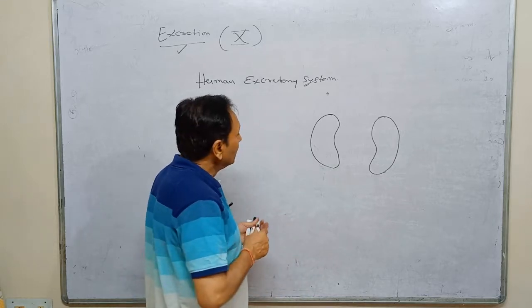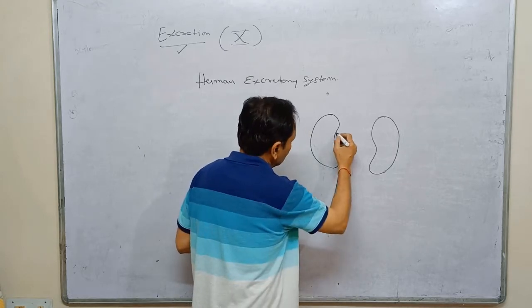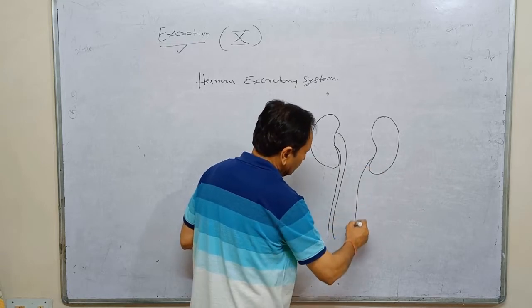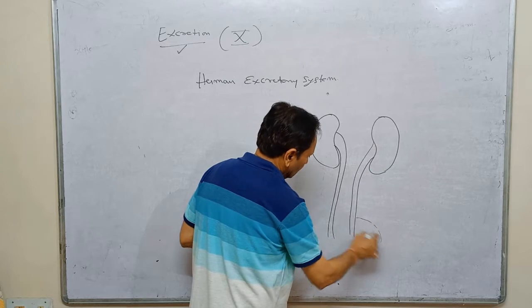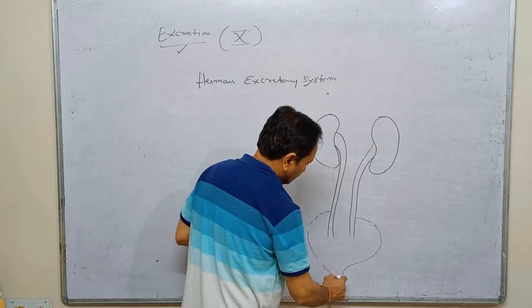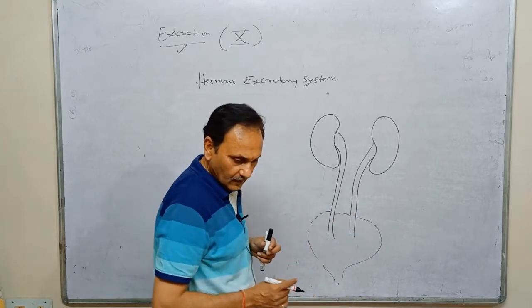Two tubes, one from each kidney, come out and carry the urine.